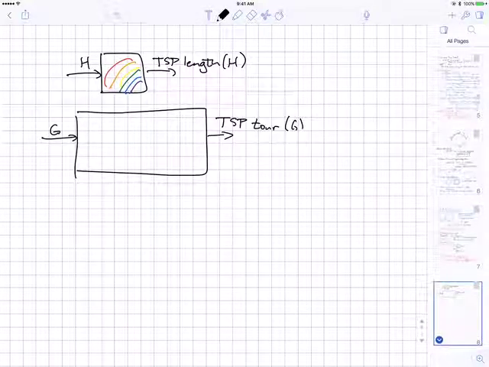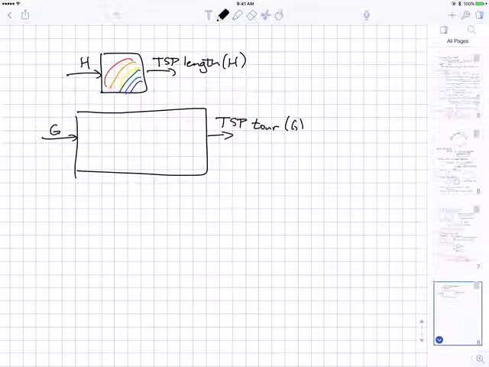So what we need to do is somehow modify the graph so that the call to the TSP length oracle tells us something. What we're eventually trying to focus down on is a set of edges that are in the tour.